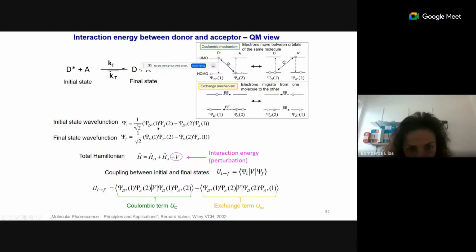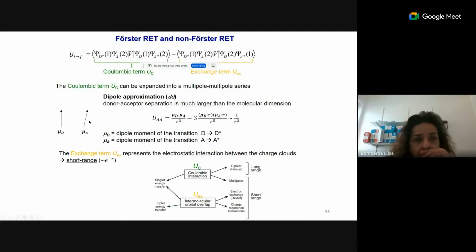The Coulombic part can be expanded into a multipole series, and the dipole approximation donor acceptor.